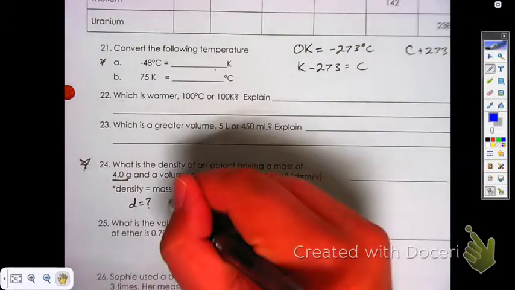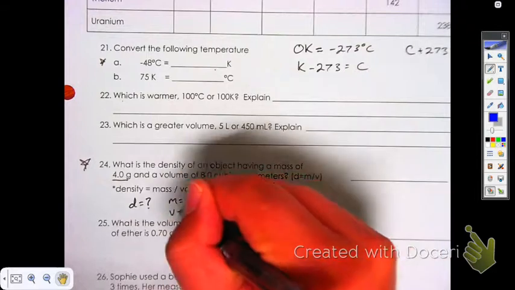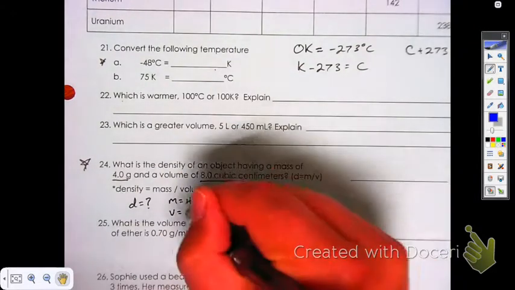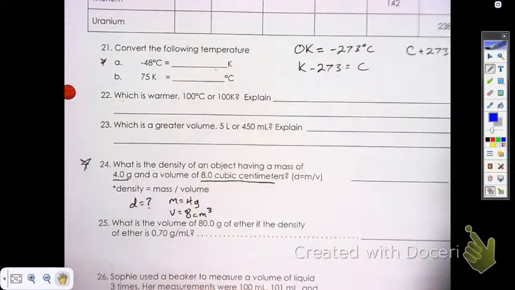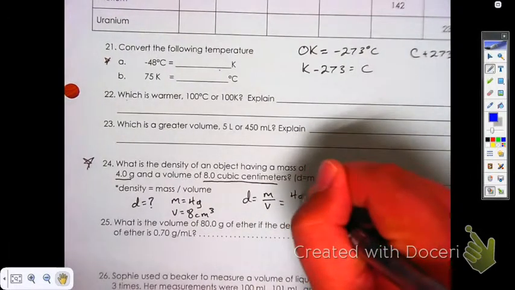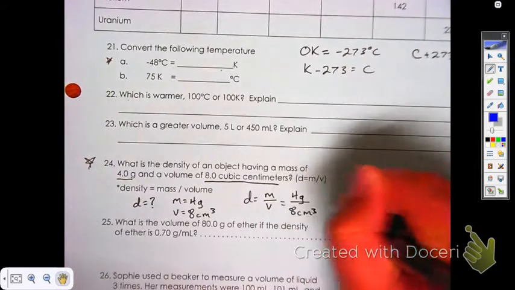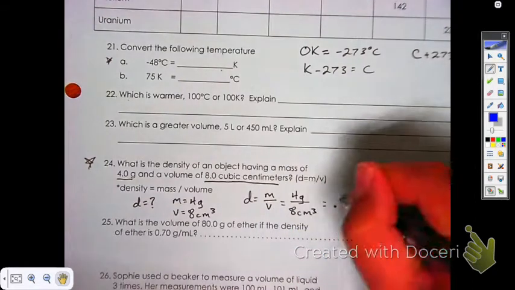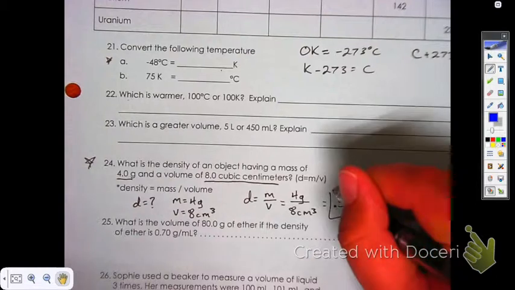We know that our mass equals 4 grams, and our volume equals 8 centimeters cubed. So now we have our equation: D equals mass divided by volume. We plug our numbers in. Mass is 4 grams, divided by volume, 8 centimeters cubed. This equals 0.5 grams per centimeter cubed. Okay, and that's your final answer.